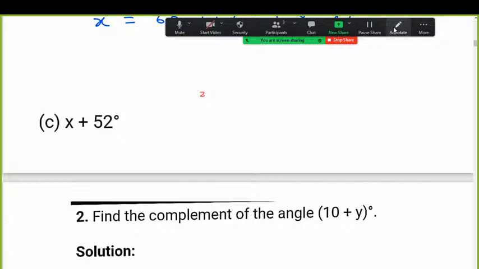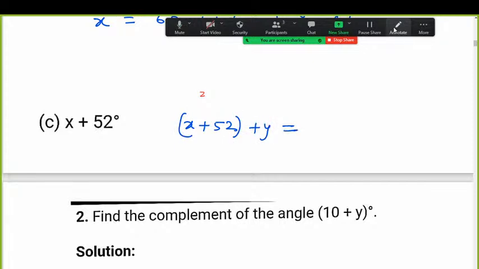How will you solve this? Yeah, this one. The sum should be: x plus 52 is your angle, and if you want its complement, you assume that its complement is y. Getting it?